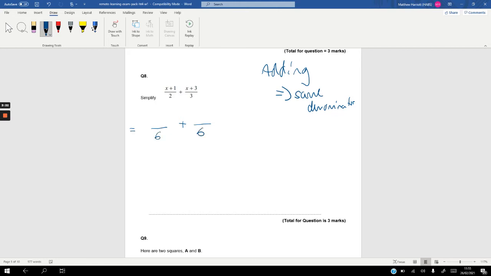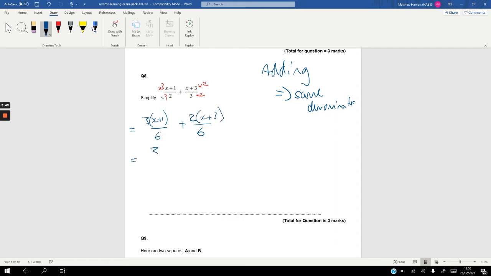That means I'm going to multiply this fraction by 3, top and bottom. So that's 3 lots of x plus 1. This one, I need to multiply by 2, top and bottom. So that's 2 lots of x plus 3.